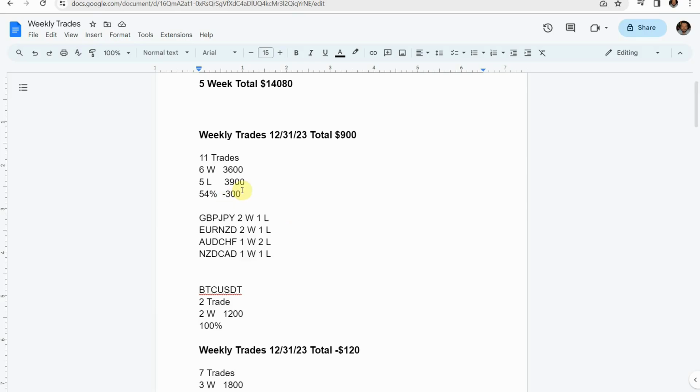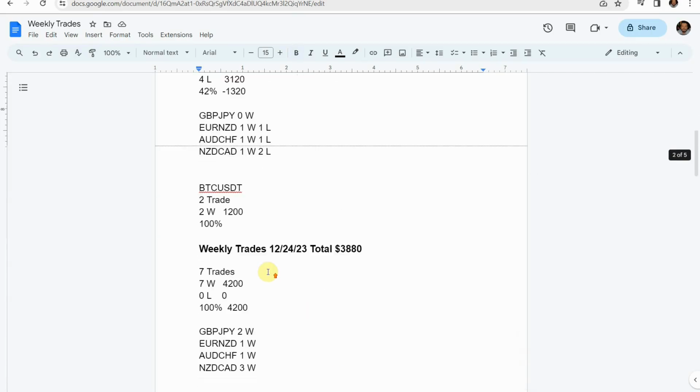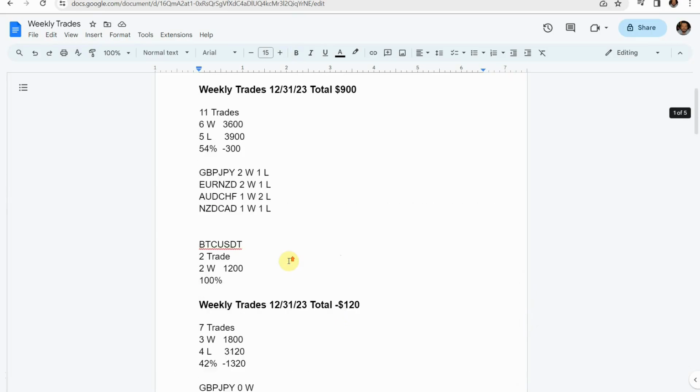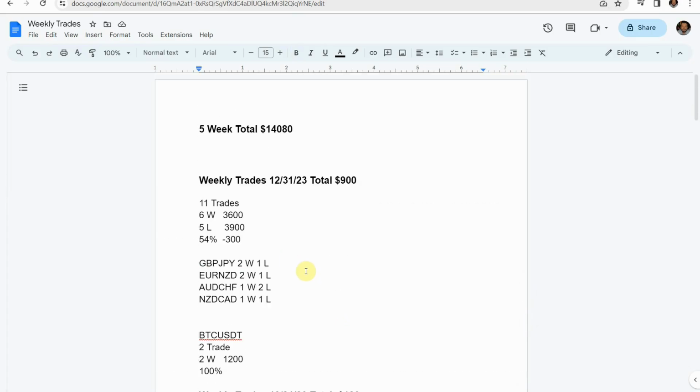The idea is to have really good green weeks and very low red bad weeks. And so you see that we're keeping our losing weeks really small, and our winning weeks are usually significantly bigger, around $4,000 per winning week. And so in total for the last 5 weeks, our total would have been $14,080. And so, like I said, very efficient, profitable trading strategy.